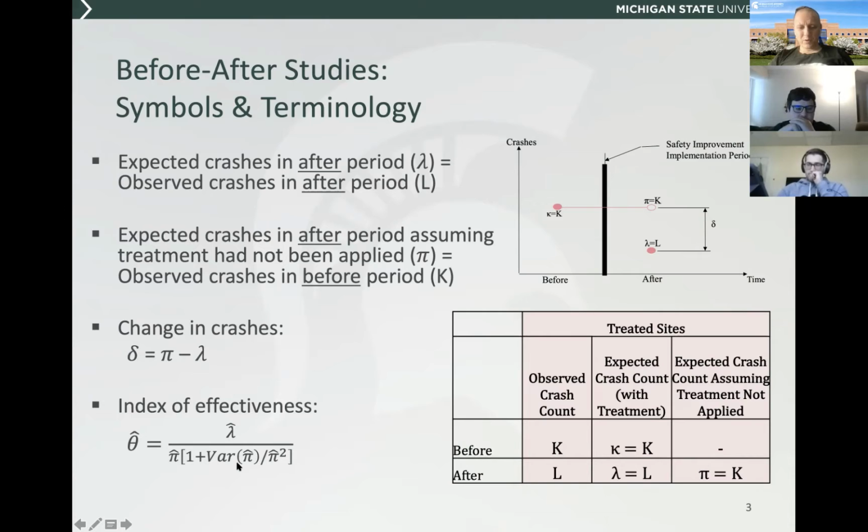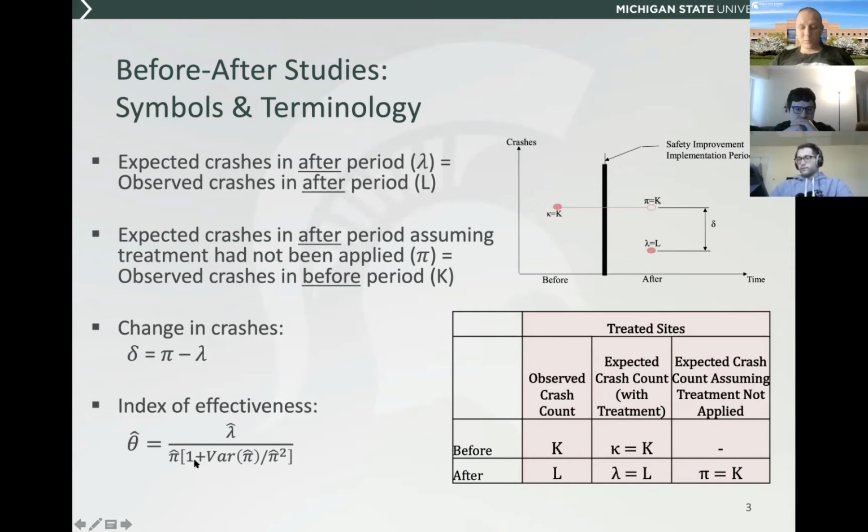What this is doing in practice is basically dampening that CMF, or making that CMF slightly smaller, and that is reflective, at least partly, of the uncertainty that's inherent in the crash generation process. And it's also somewhat of an adjustment because we would tend to slightly overestimate that CMF if we just relied on the raw counts. And so we've established previously that one aspect of the Poisson distribution is that the mean and variance are equal to one another.